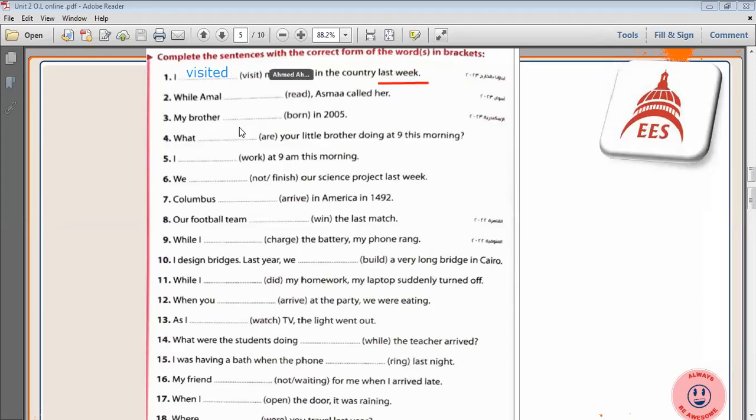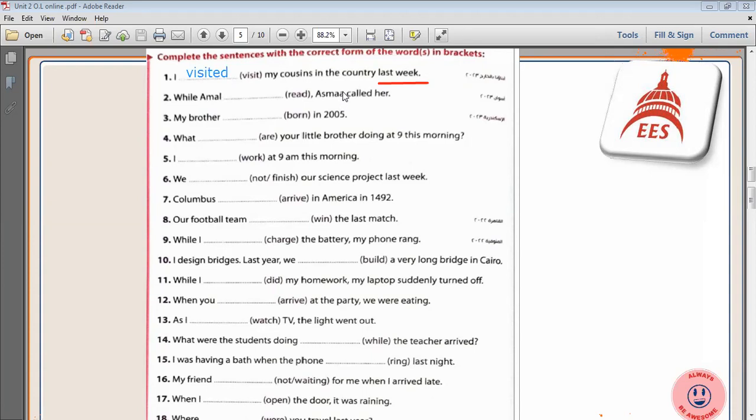While Amal, space, Asma called her. Now I have while. We said after while we put a past continuous sentence or action. So here I have an action that was in progress and another action came and interrupted it.